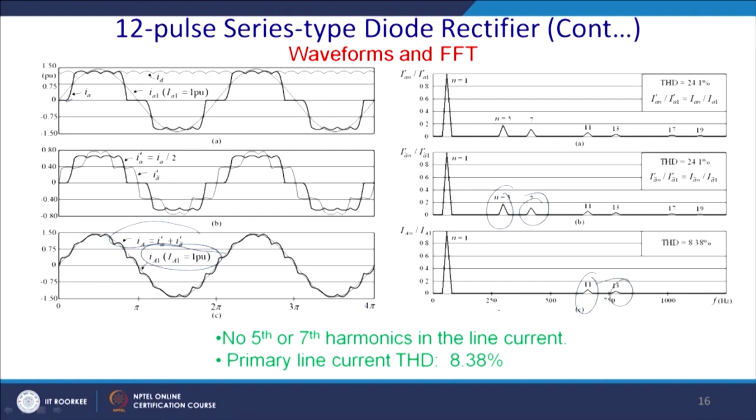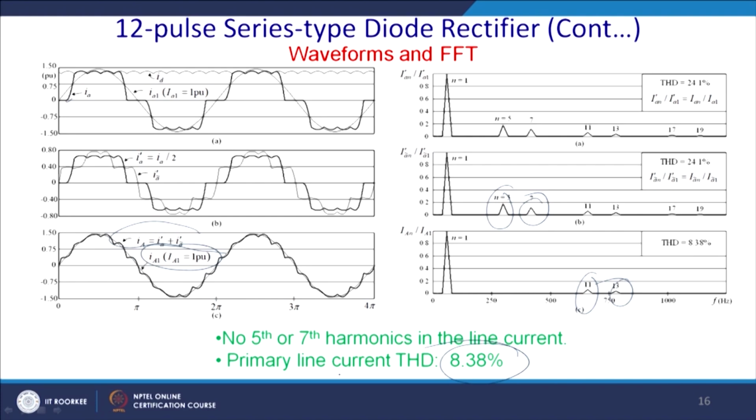So in the star side, the primary, you will not have any fifth and 7th. Due to the absence of the fifth and 7th harmonics, the THD has been reduced to 8.38%. That is close to your 5% standard, so in some ways it is acceptable.